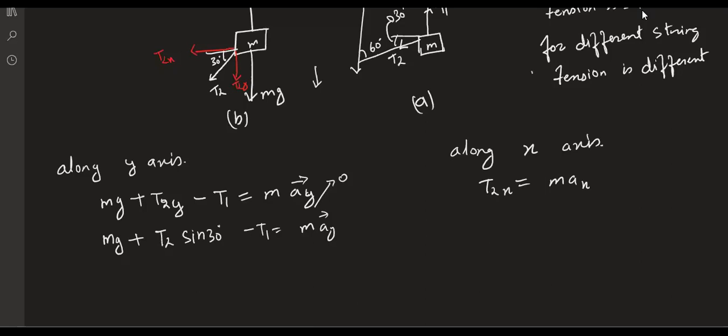Which is T2 cos 30 degree is equal to max. Got it, everyone? You just have to write the equation. Got this? Okay, very good.